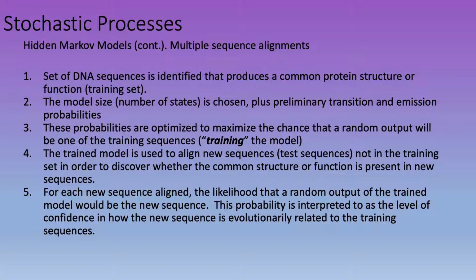And that likelihood is the likelihood that the random output of the trained model would be the new sequence. So is it likely that what we're looking at is random, or is it likely that we're looking at a good match? And so this probability is then interpreted as the confidence of how the new sequence is evolutionarily related to the training sequence.